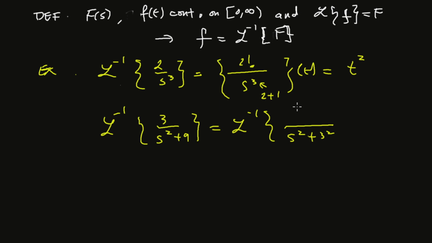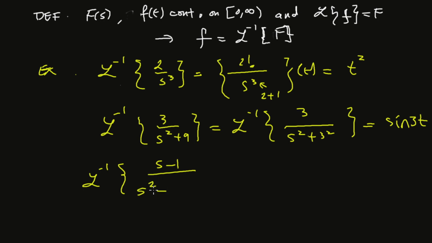That means on top I only have a number, so it's 3, so it's that b there, which is sine of bt, which is sine of 3t. Alright, here is an interesting one that you need from time to time. The top will decide whether it's sine or cosine, but the denominator here is something you will need to do often.